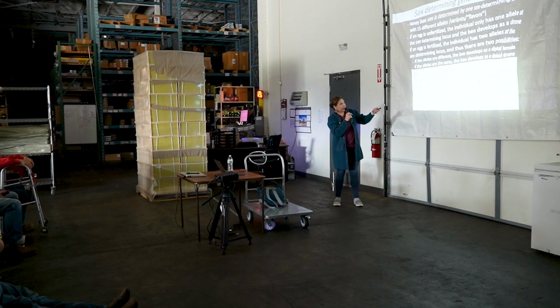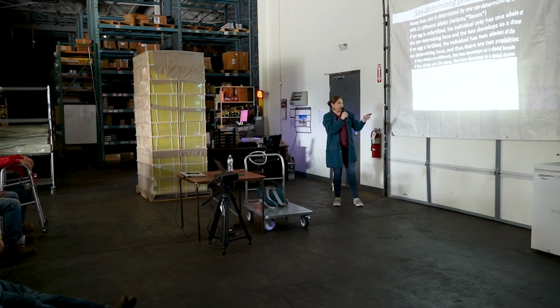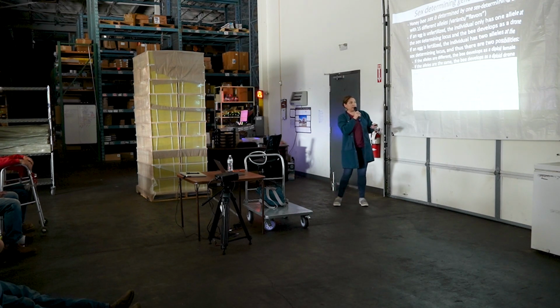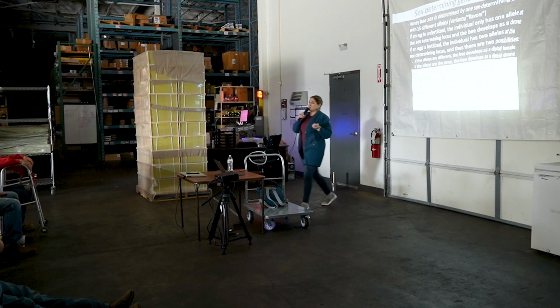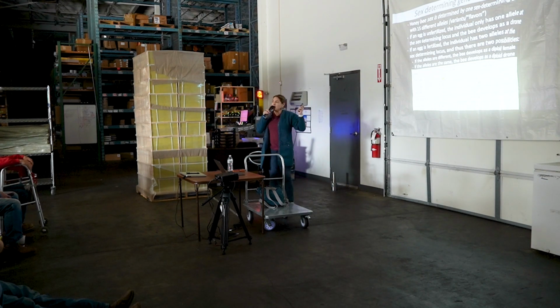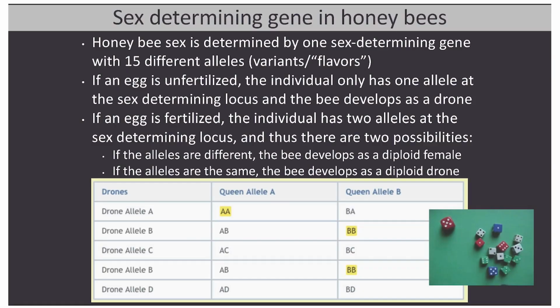In the particular event that she mates with a drone that shares any of the 2 alleles she has at the sex-determining locus, half of those offspring at least are going to be homozygous at the sex-determining locus. In this particular example, 3 individuals. And that means that they are going to be turning into diploid, not females, but drones.